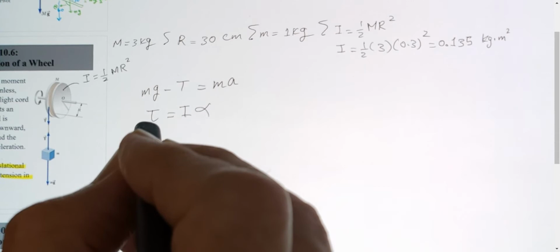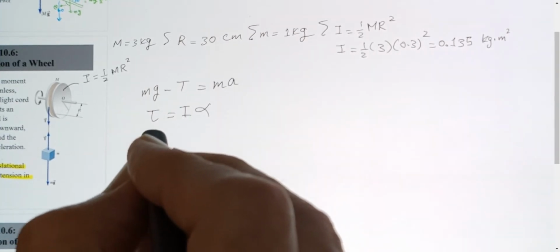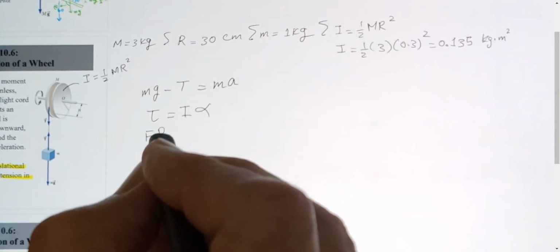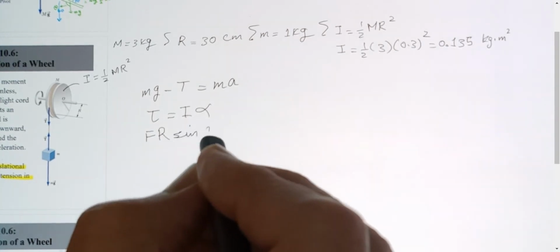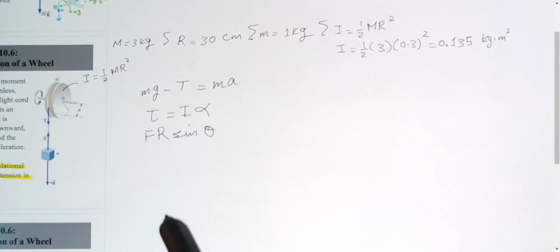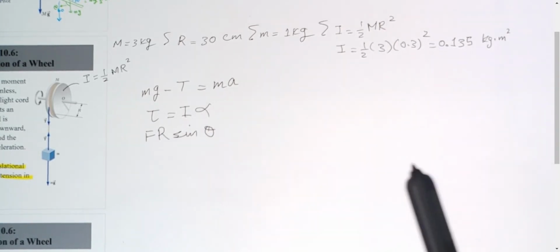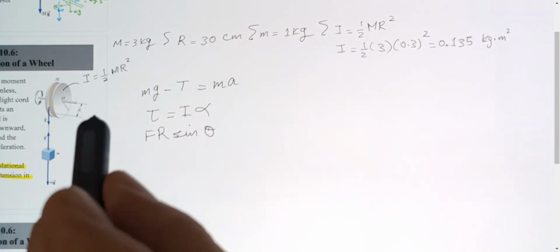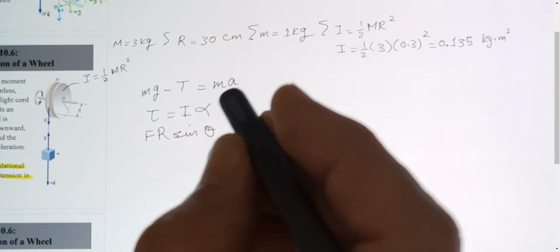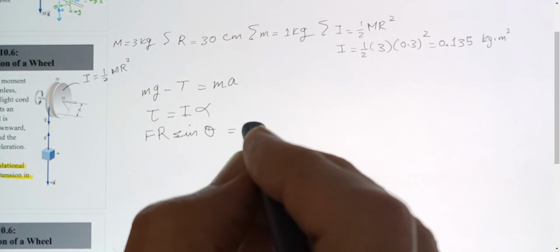But what is the torque? The torque is F R sine theta, and in this situation always theta is 90. I will not bring the table, I will just give you the moment of inertia equation for the problem. And that is equal I alpha.